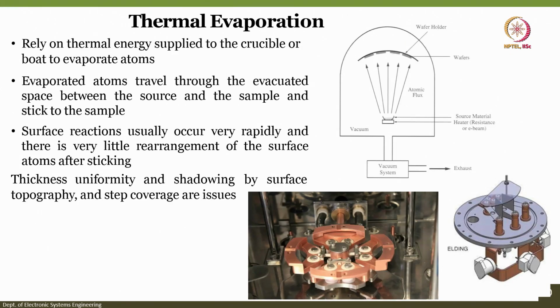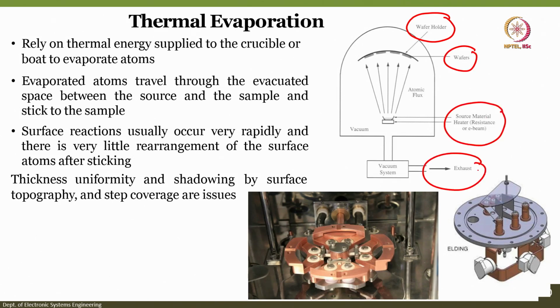If you see the thermal evaporation, like I have shown you earlier, there is a vacuum chamber, then a wafer holder, you can say substrate holder, and the wafers are placed here. There is a source material or heater resistance, and a vacuum system that helps to keep the vacuum intact.